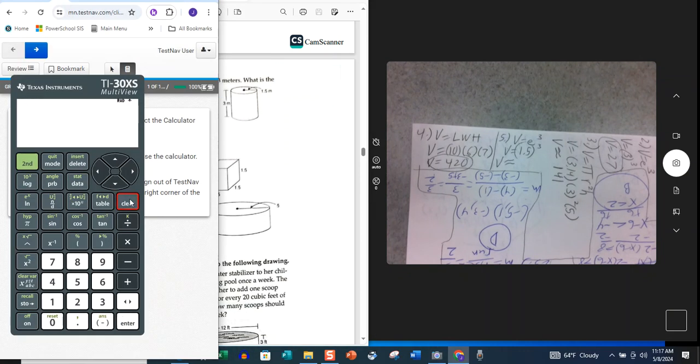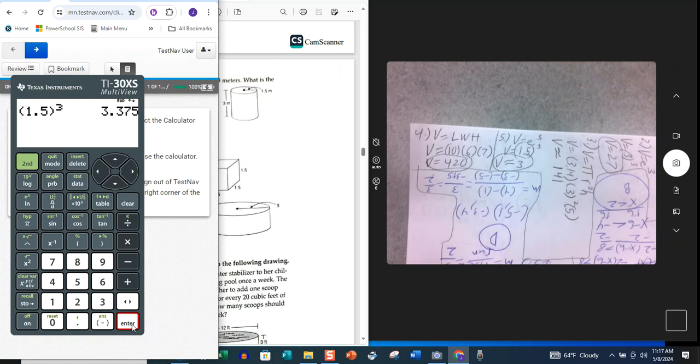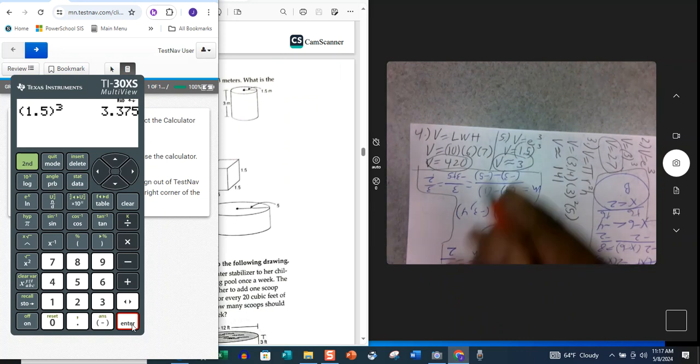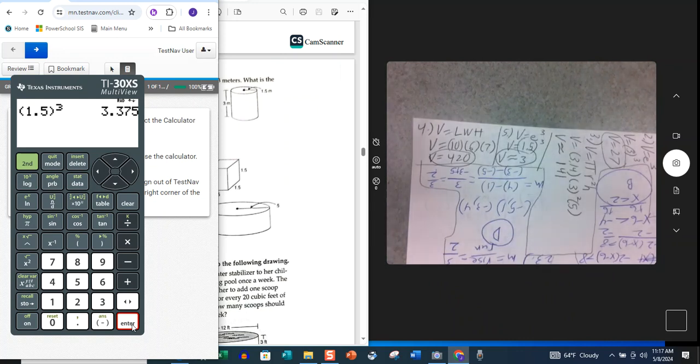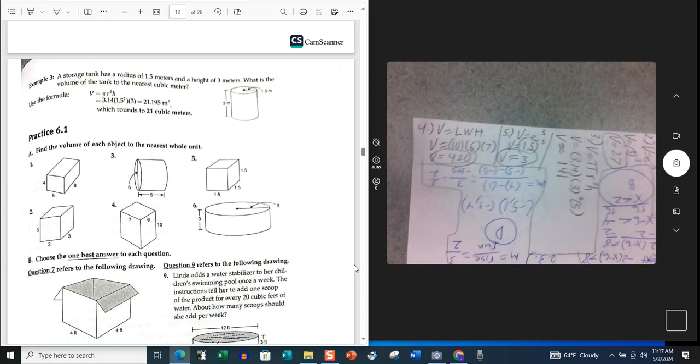So we could put in parenthesis 1.5, close the parenthesis. We'll press the exponent key here, hit the number 3, and press enter. So it'll be approximately 3. So that'll be our volume for number 5. Okay, now number 6, you notice we have a cylinder here.